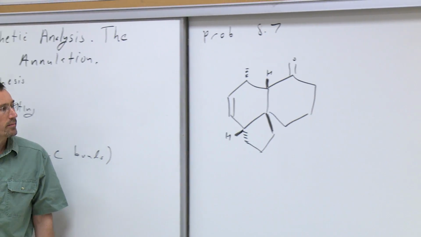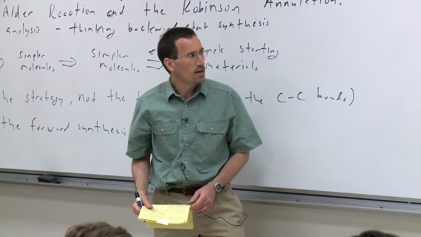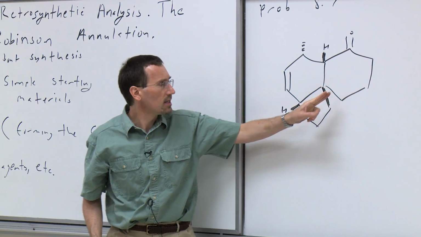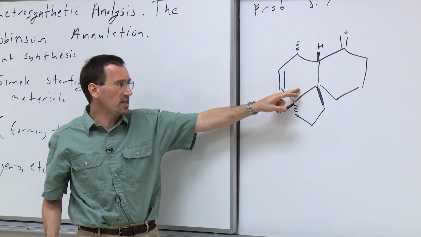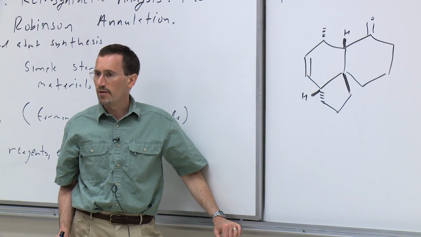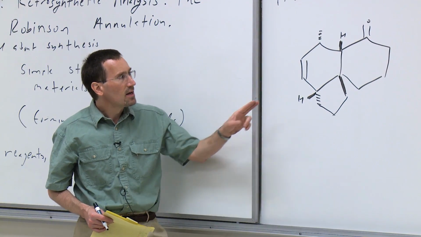Here's the molecule. It's a tricyclic system. It's got a cyclohexanone ring on it. It's got another 6-membered ring, and it's got an angularly fused 5-membered ring. So it looks like it might be sort of daunting.